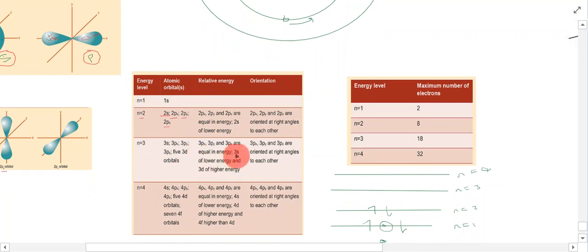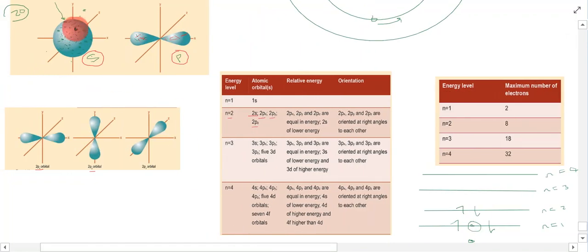The 3s orbital, which you also have in this third energy level, is arranged in this shape and is of lower energy than the 3p orbitals. The 3d orbitals are of higher energy, so they're above these.